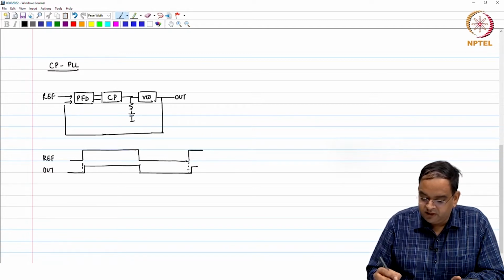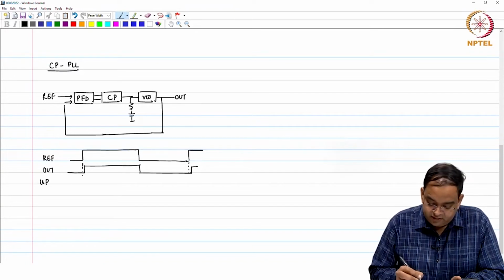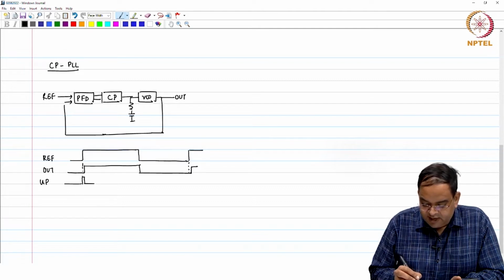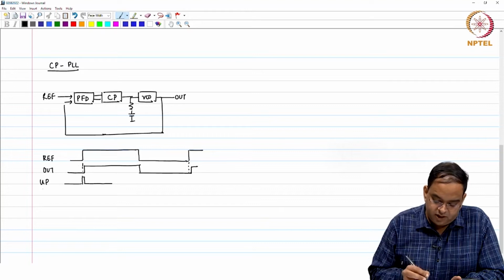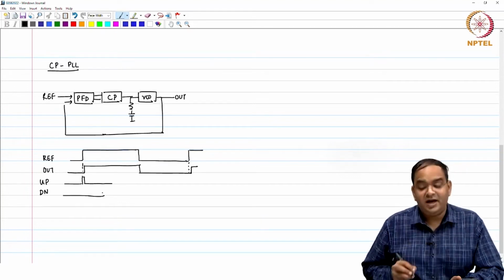It may appear that it is 0, but it is not 0. So, in response to this phase error, up goes high and it will come back as out signal goes high. So, this is the kind of up and down signal which we have.